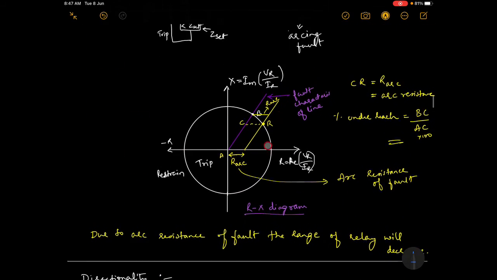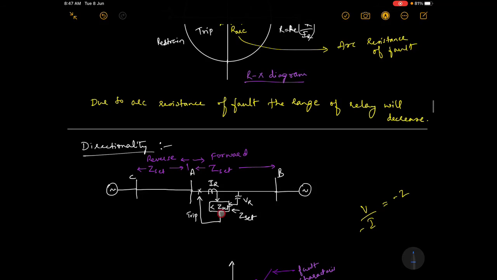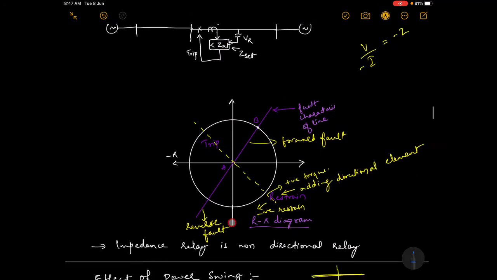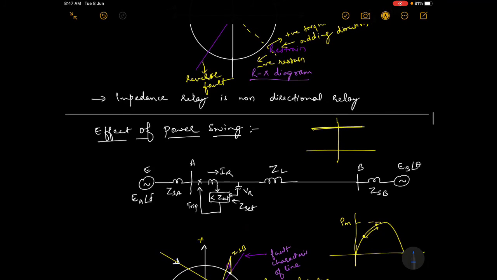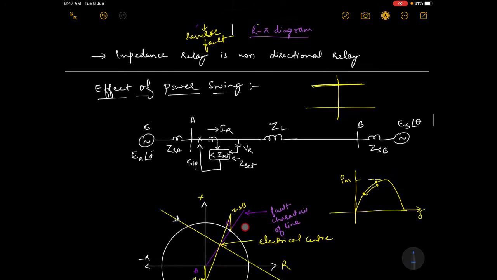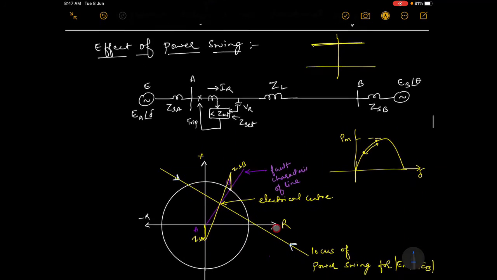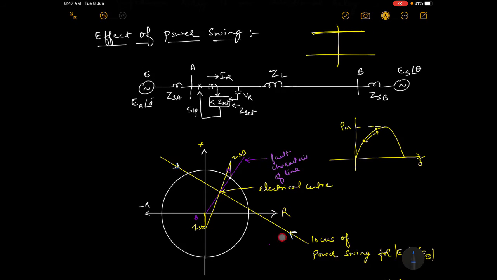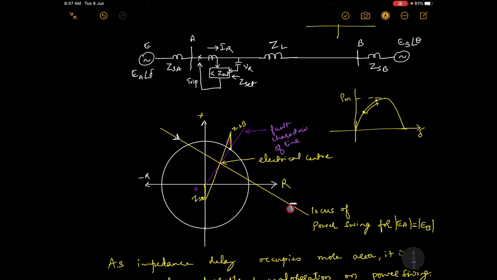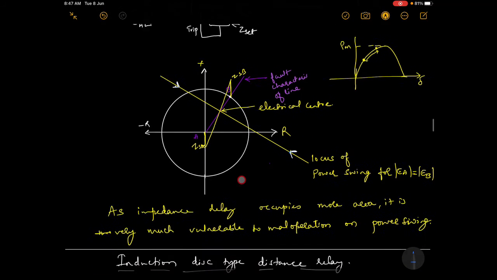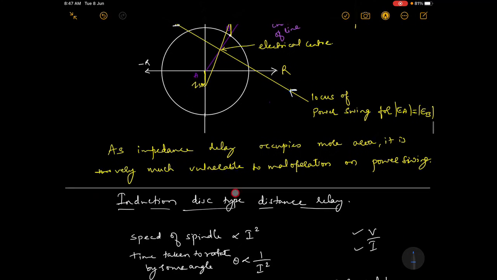If we are using the impedance relay, we had to use this extra feature of directionality. And we came across something called power swing. It was not immune to the power swing because it was covering a large area.